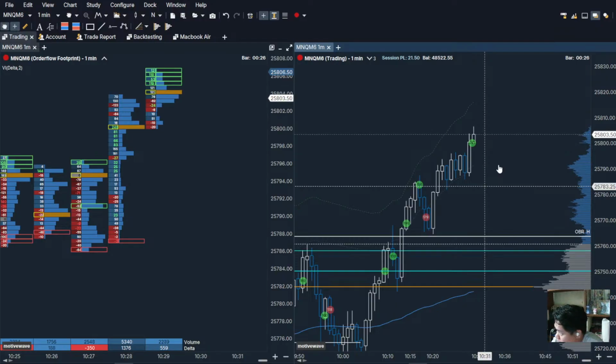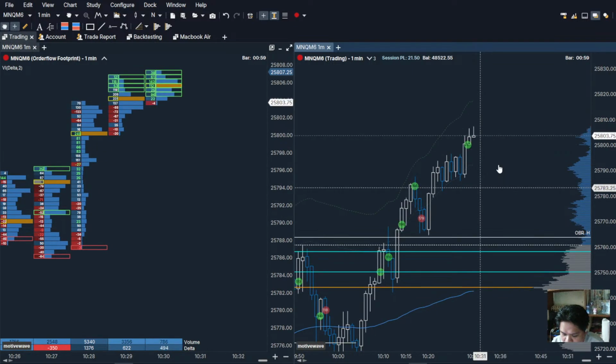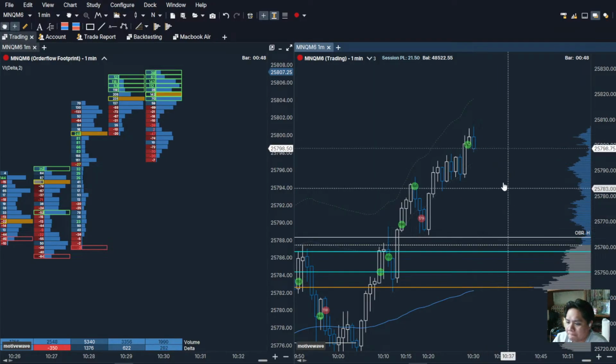Okay, now we're seeing absorptions. We got a lot of absorptions happening now of that level.